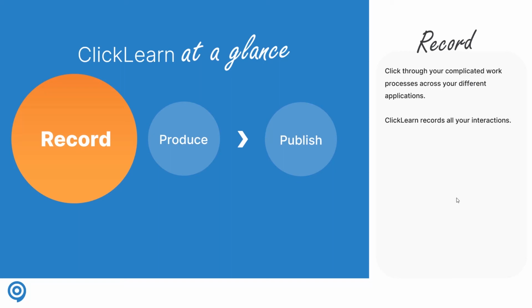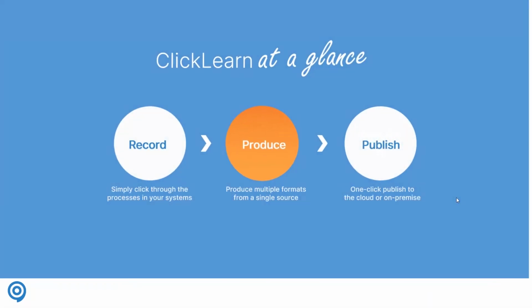So when there is a feature and a function and you want to execute on that, you simply click through it and ClickLearn captures what you click through. That means you can now save 80% of your time in creating learning instructions because you no longer have to edit all your mistakes or the errors or what happens on the screen, because we only capture what you click through. So with one recording and one process, you can now start producing ClickLearn materials.